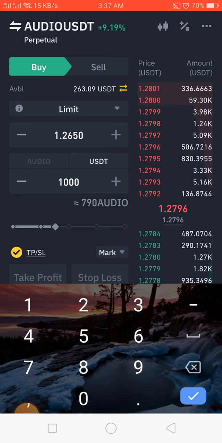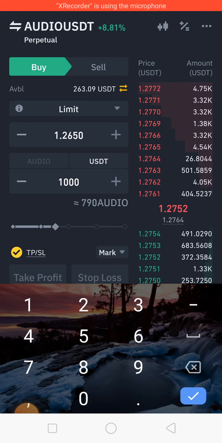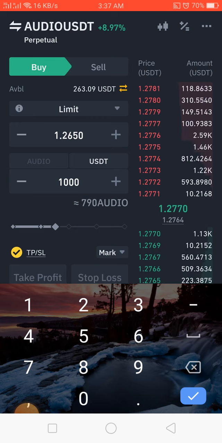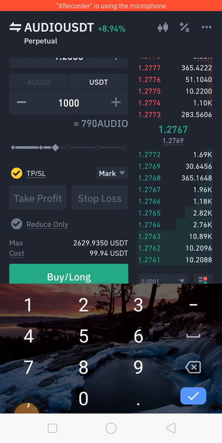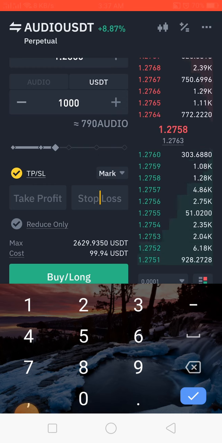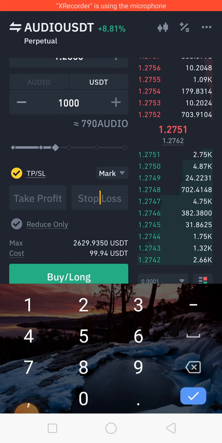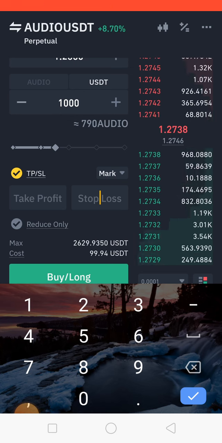When stop loss hits, your trade will be closed at a minimum loss. But if you don't use stop loss, then your account will be liquidated. I mean your 100% margin, the amount used by a trader to buy the coin, will be gone.